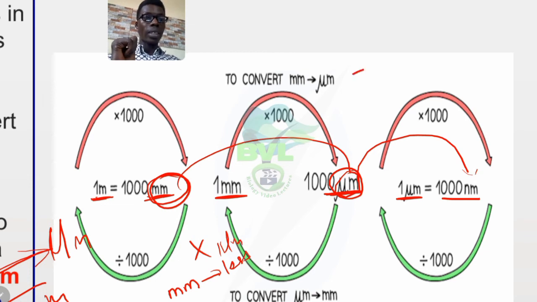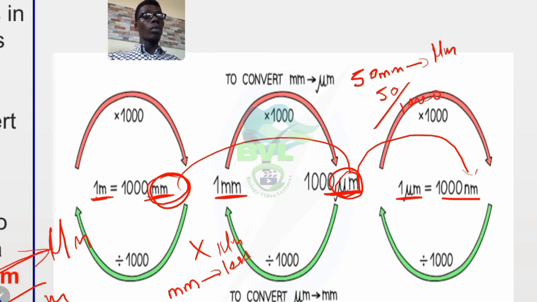If I want to convert 50 millimeters to micrometers, it's going to be multiplied by 1000. Sorry, I said divided, but it's going to be multiplied. Why am I multiplying? Because millimeter is bigger than micrometer, so I'm going to multiply.